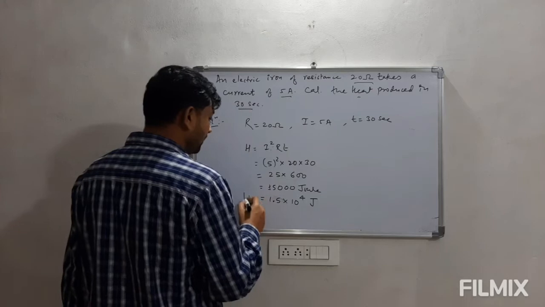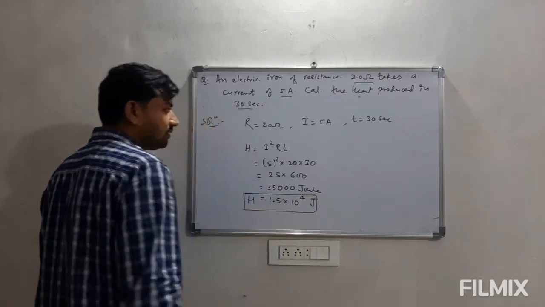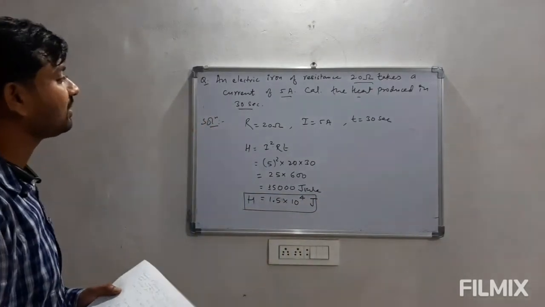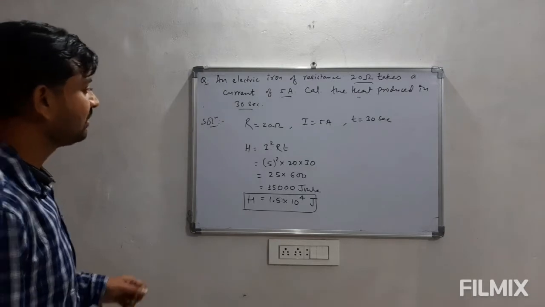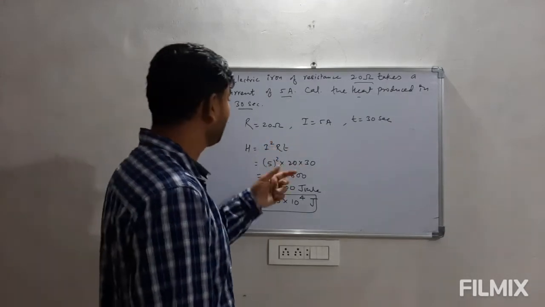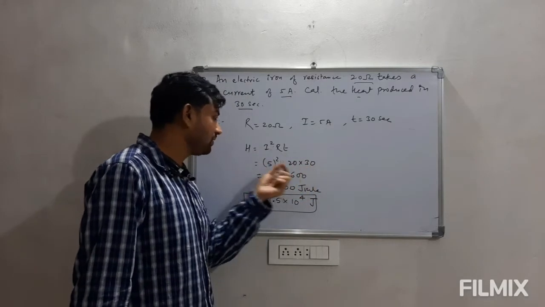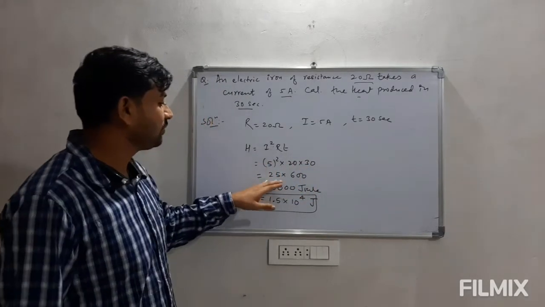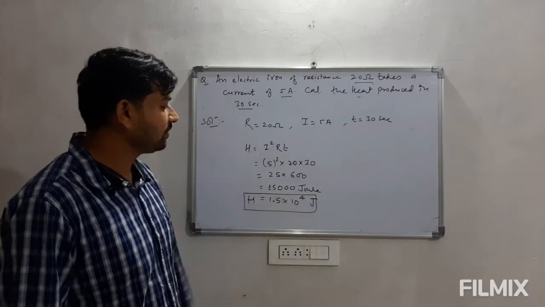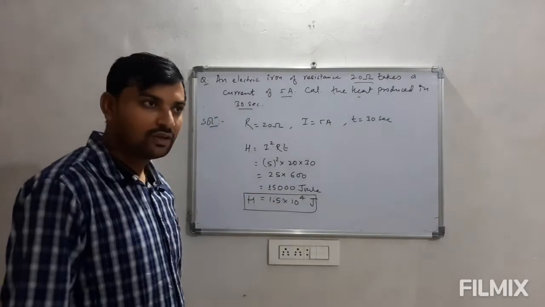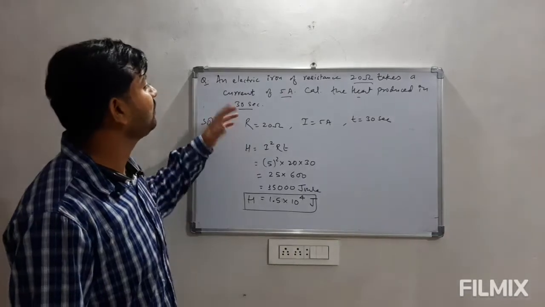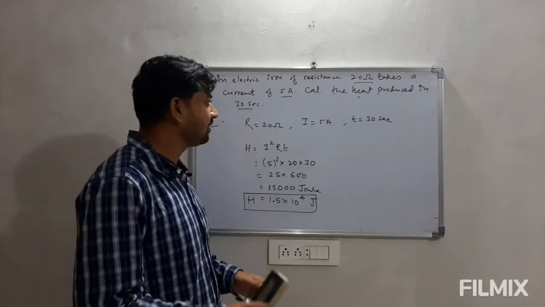So this is the heat produced in that electric iron, whose resistance is 20 ohm. The current is flowing 5 ampere for 30 seconds, then the heat produced will be 1.5 into 10 raised to power 4 joule. Now this heat produced will be used for ironing.